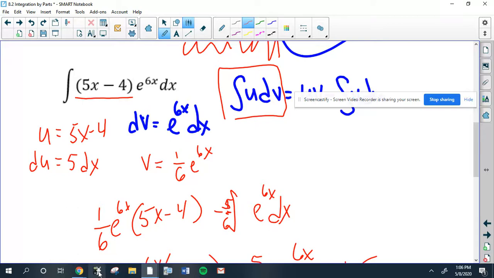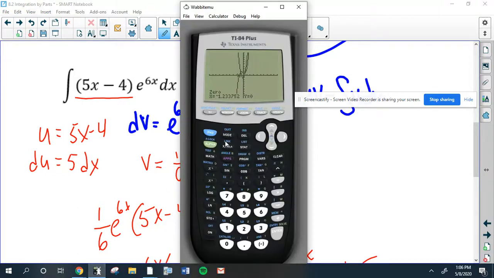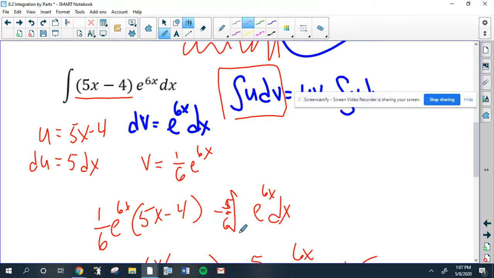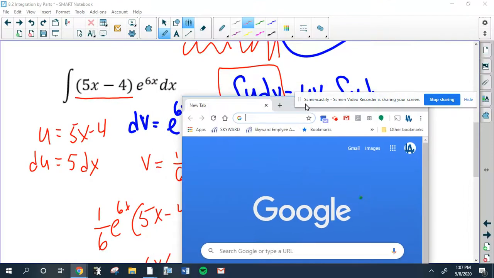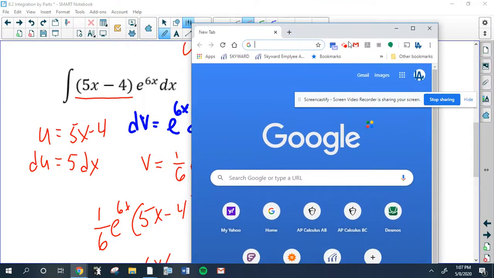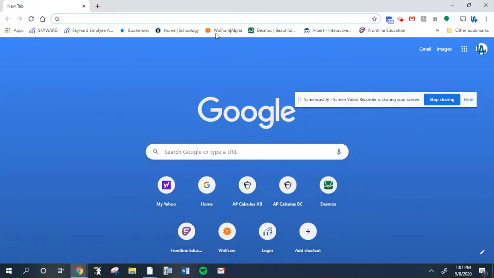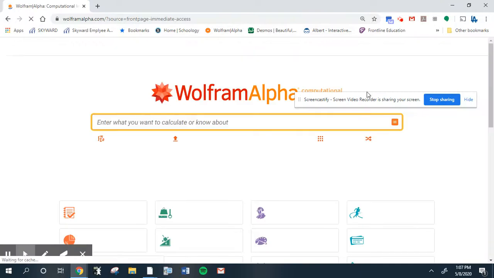So remember, one way to check integrals, other than Wolfram Alpha, is you can type it on your calculator and then make up your limits. You know how to do that. Let's check Wolfram Alpha. See if Wolfram Alpha can do integration by parts. I bet that it can.